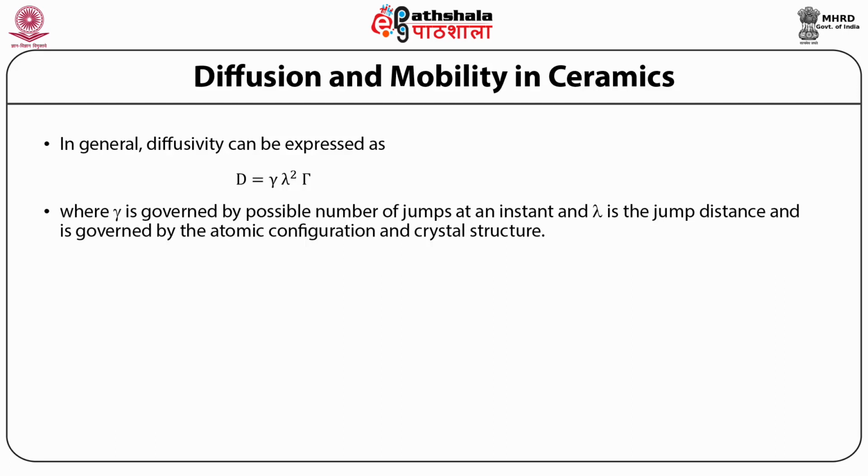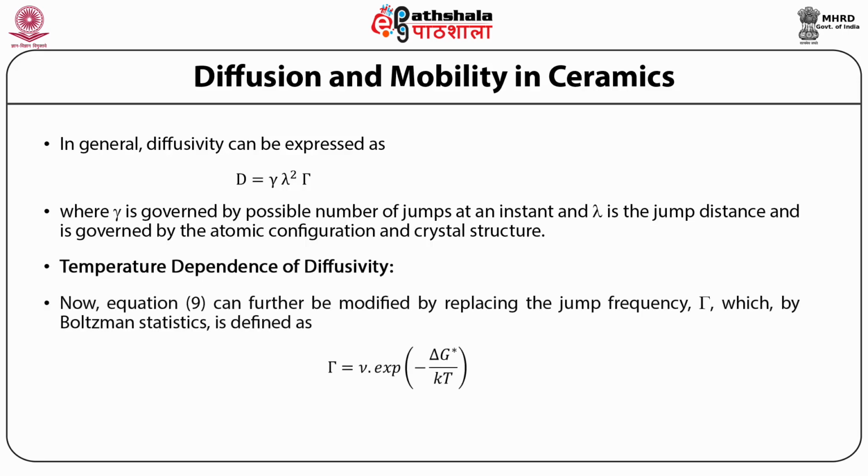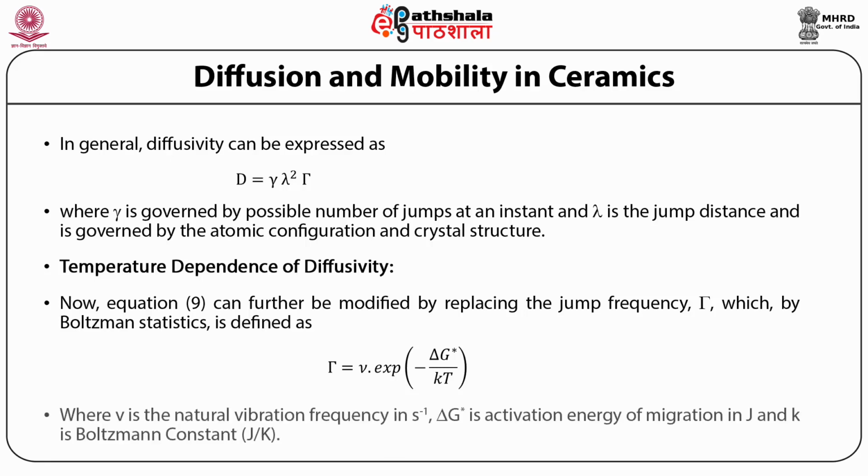Now let us discuss the temperature dependence of diffusivity. By Boltzmann statistics, we know that the jump frequency, that is gamma, is equal to nu times exponential minus delta G star by kT, where nu is the natural vibrating frequency per second and delta G star is the activation energy of migration in J and k is the Boltzmann constant in joules per Kelvin.